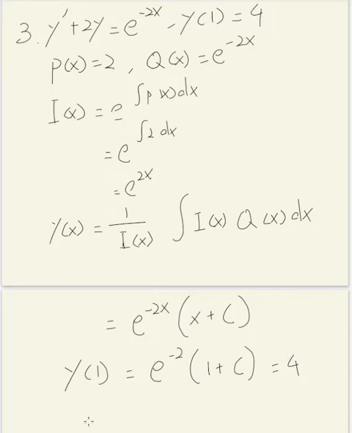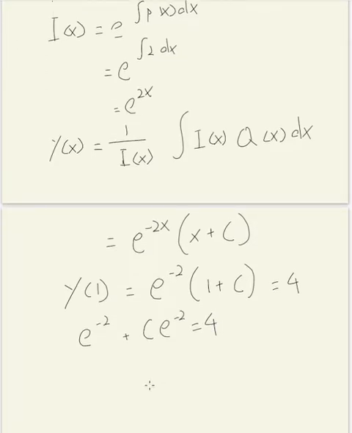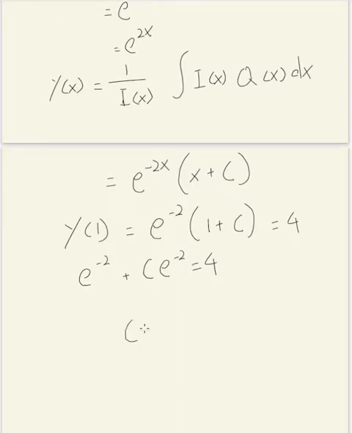Okay, so we get e to the minus 2 plus c times e to the minus 2 equals 4, and therefore c equals 4 minus e to the minus 2 divided by e to the minus 2, so times e to the 2, which just gives you 4 times e to the 2 minus 1.